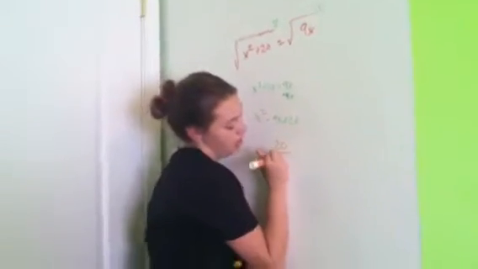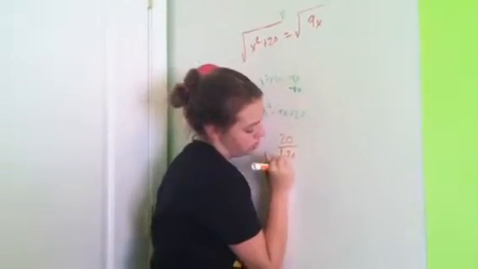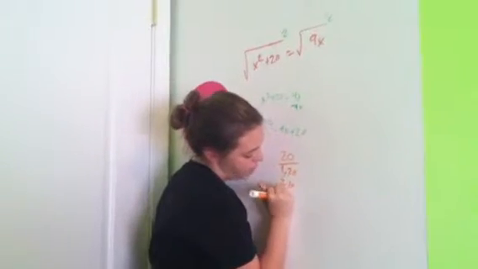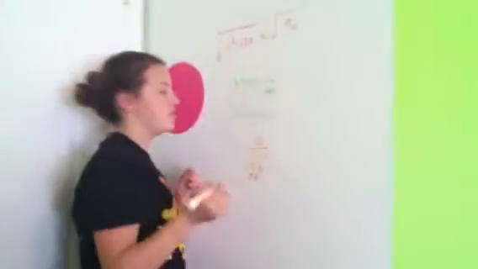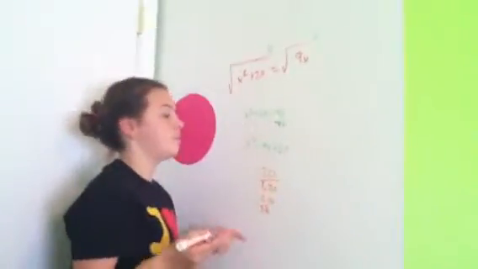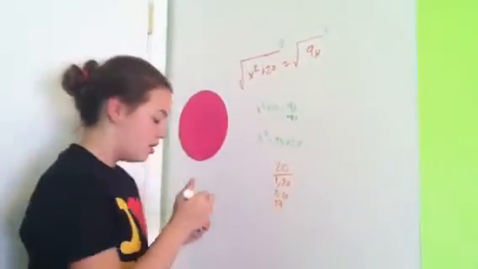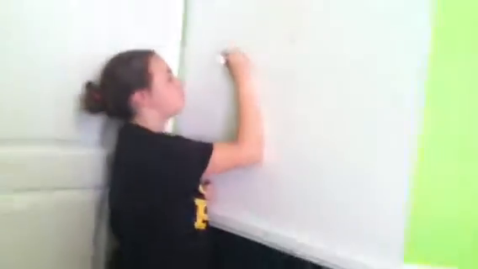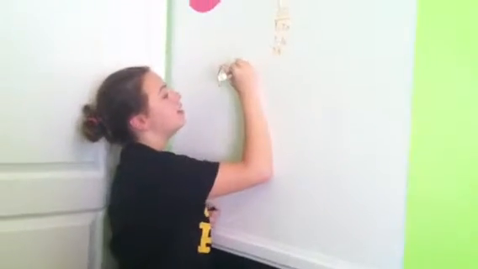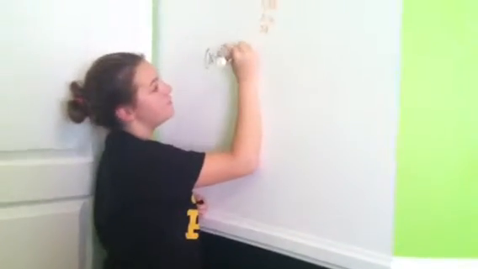So the factors of 20 are 1 and 20, 2 and 10, and 5 and 4. If you make 5 and 4 negative, they add to give you negative 9, and you multiply them together to get positive 20. So your factors would be x minus 5 and x minus 4.